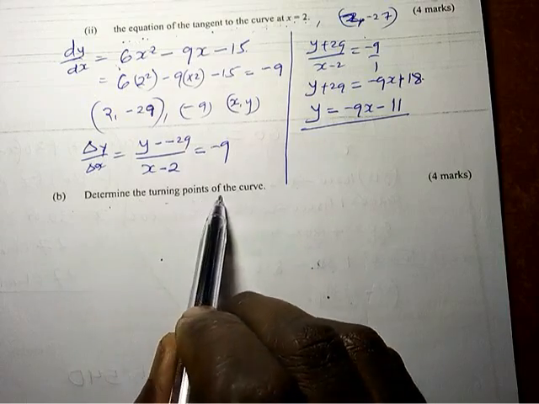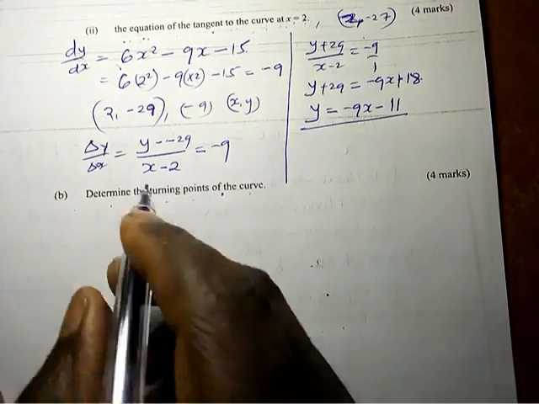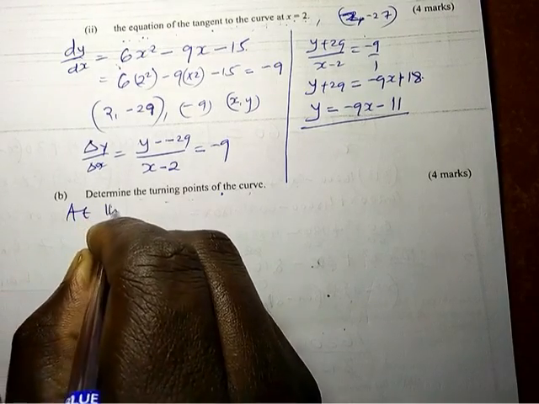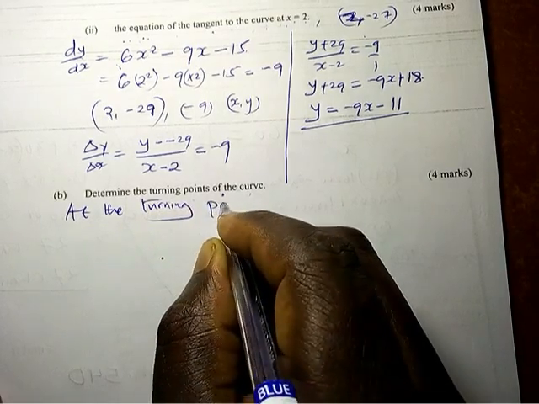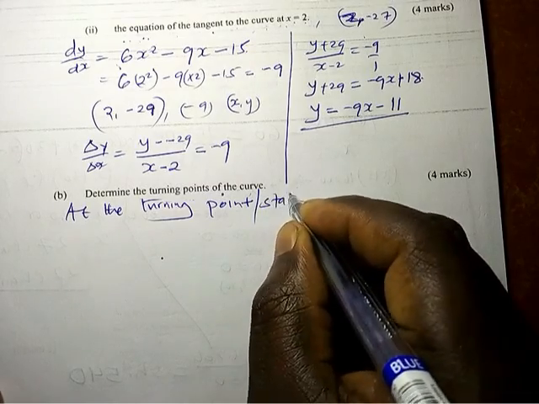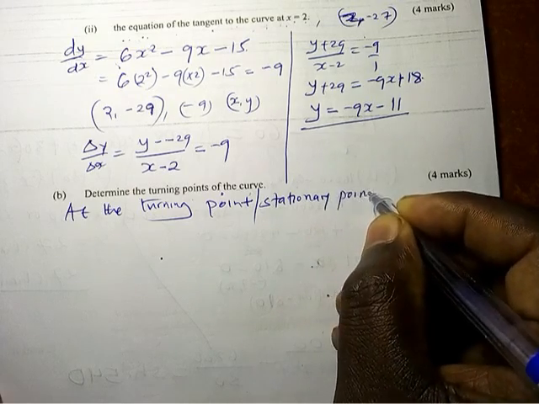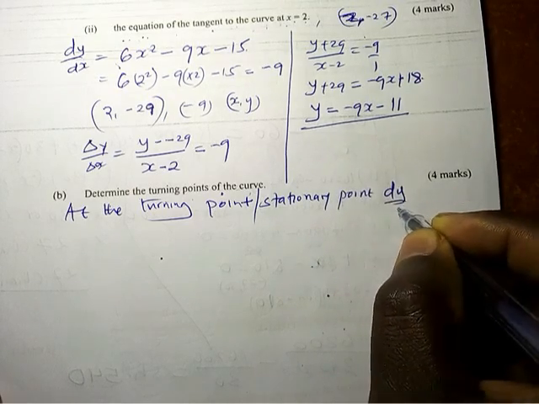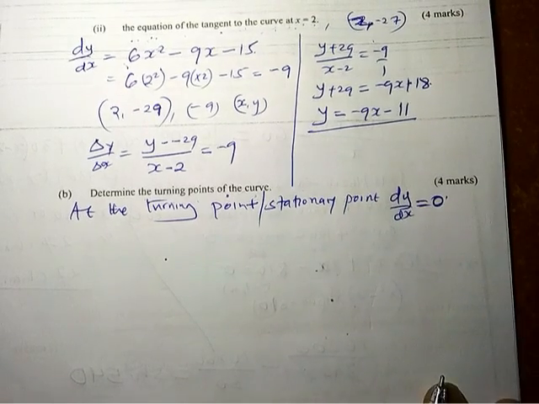Determine the turning points of the curve. At the turning points, also called stationary points, you should know that dy over dx equal to 0. Right?